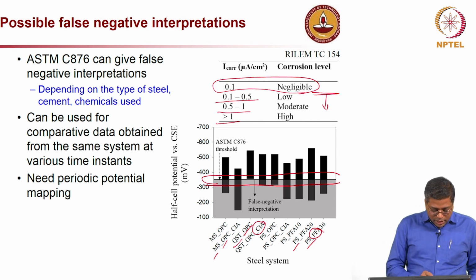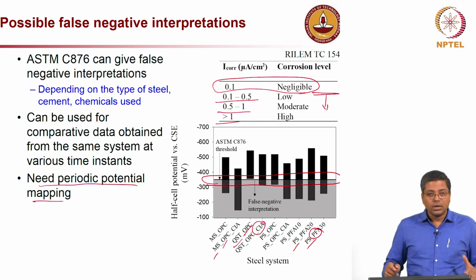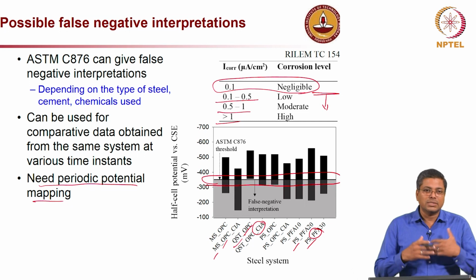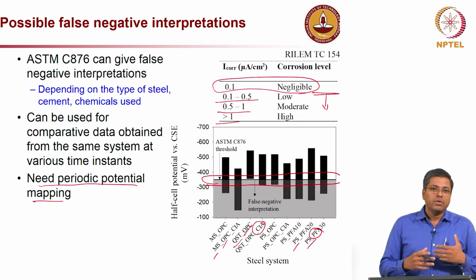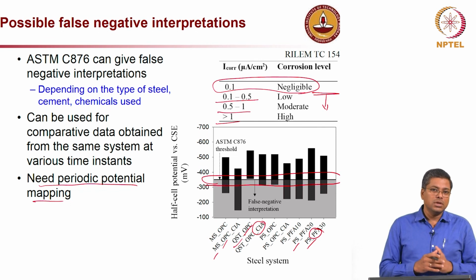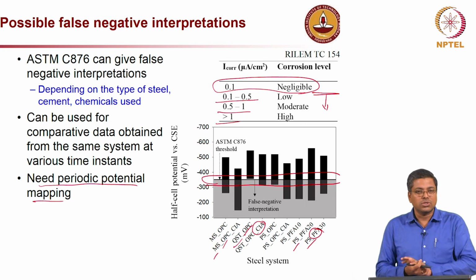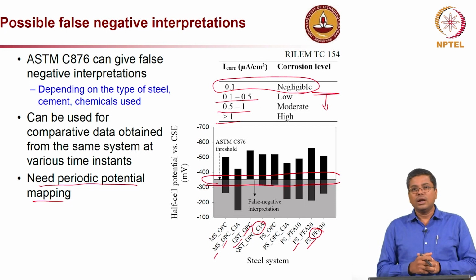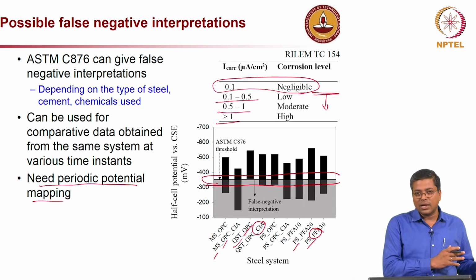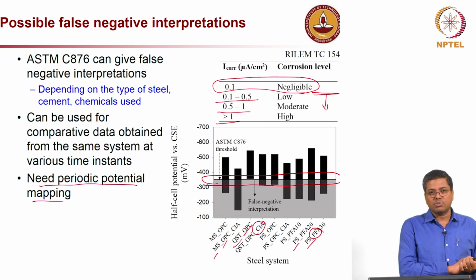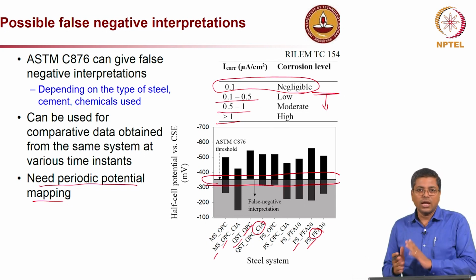Another thing is, if you make periodic measurements, let us say every couple of years depending on the importance of the structure, then we can say from the previous data that the potential has changed by this much. So something different is happening; maybe during the previous inspection there was no corrosion and now there is corrosion.